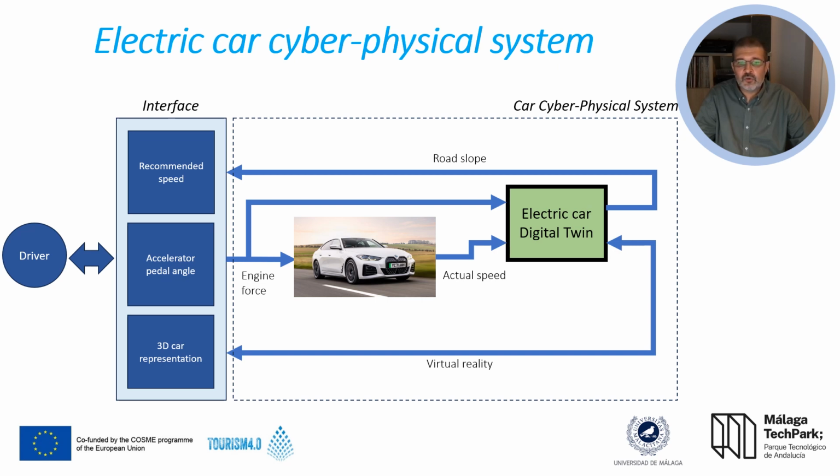The second one is the virtual reality information that will be used by a 3D car representation in a virtual world. In this way, this example shows you with a specific case what a cyber physical system is and what an electrical digital twin is.